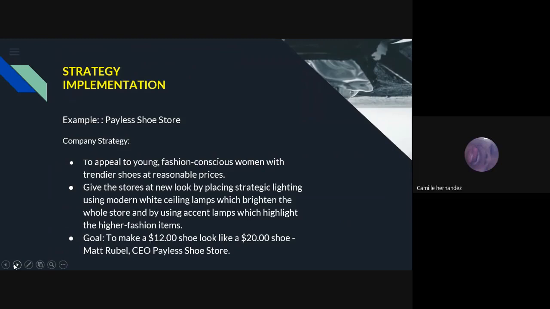All right. Hello, good evening, everyone. So my contribution consists just of a tail end of the strategy implementation, also the leader's contribution, communicating vision and action, and the leader's impact. Before I start, I just want to give a brief definition of strategic implementation.